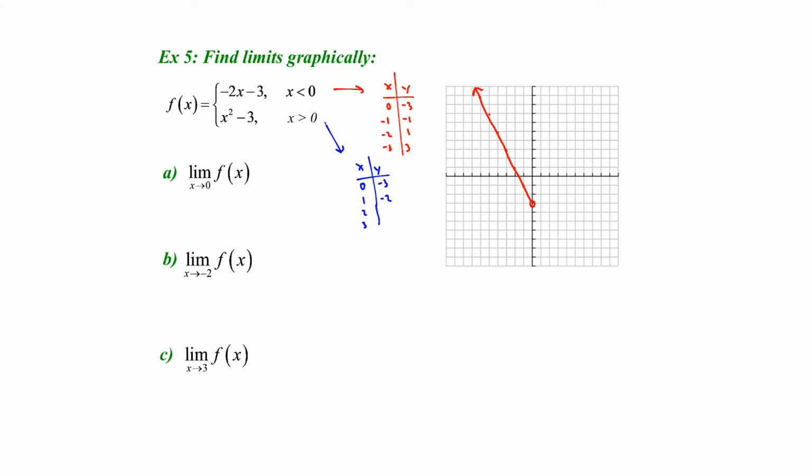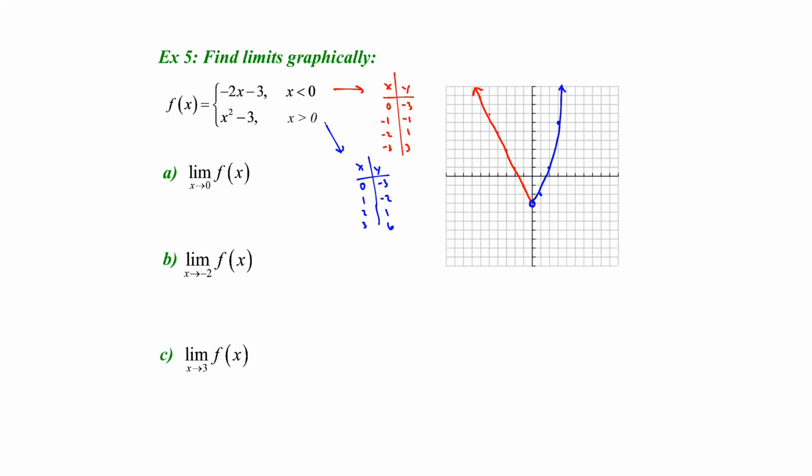At 1, it would be -2. 2 squared would be 4 minus 3 is 1, and then 3 squared would be 9 minus 3 is 6. So if we plot these points once again at 0, -3, it's still an open circle, so it didn't get filled in. 1, -2, 2, 1, and 3, 6. And this is a quadratic, so make sure you get that nice curve there.